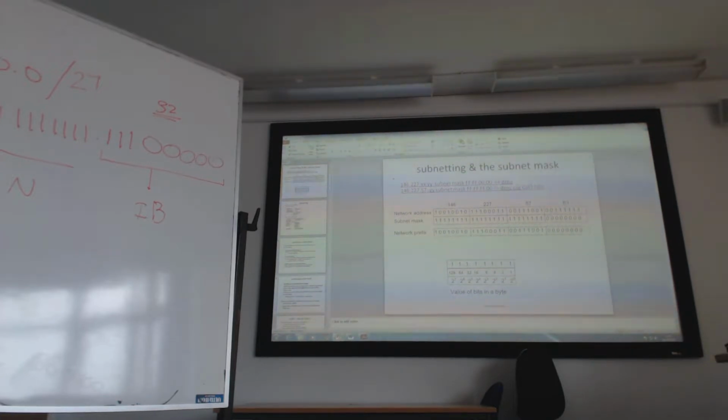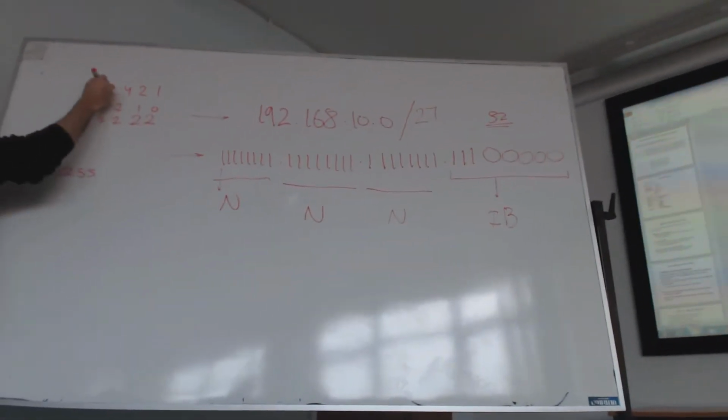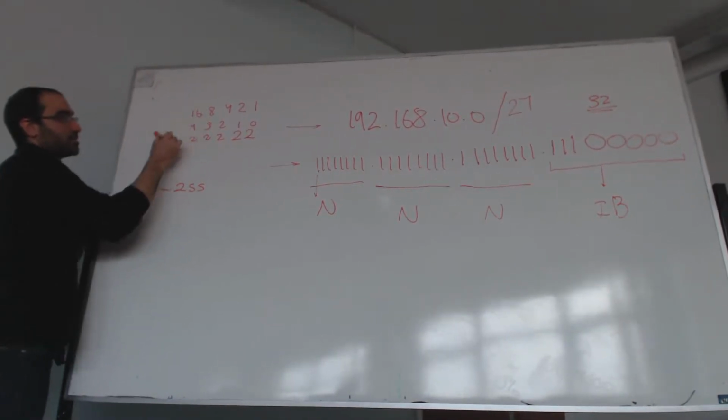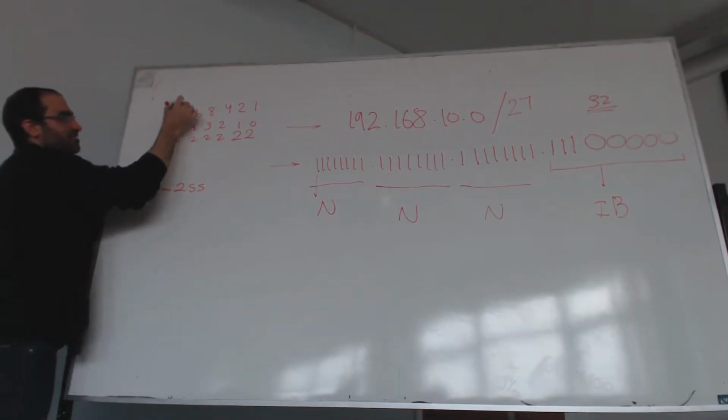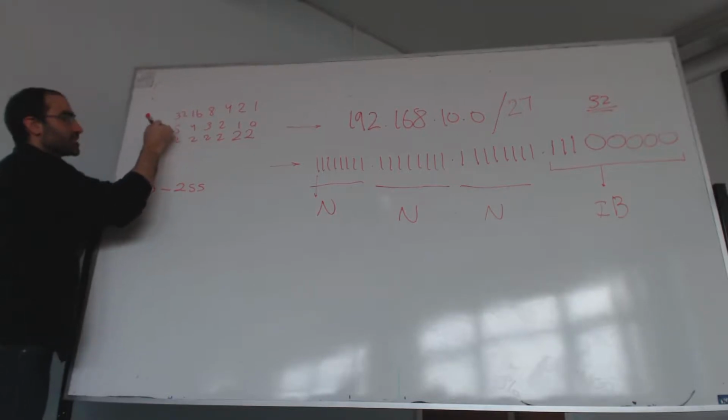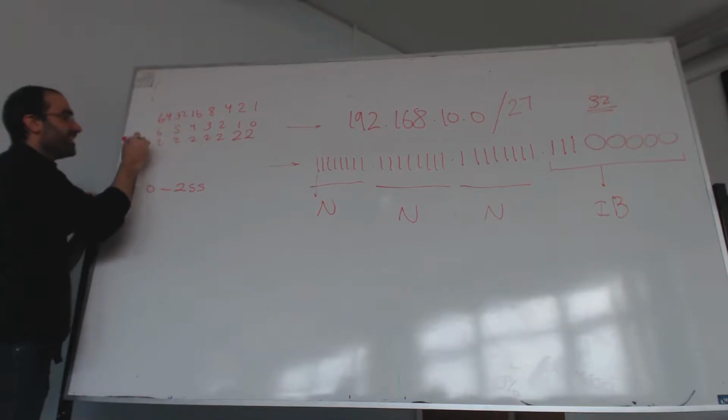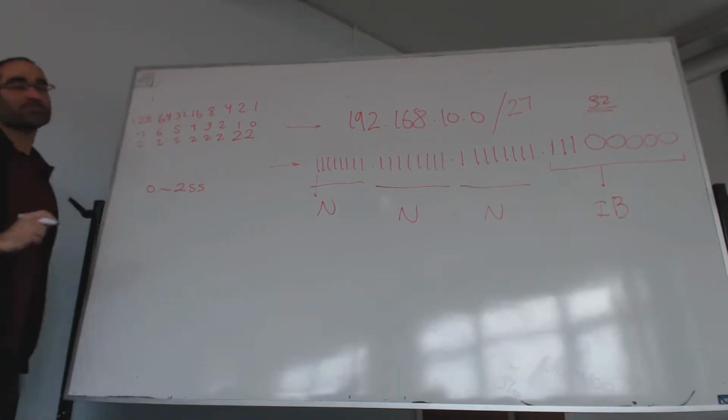We have 8 bits, and each one is 2 to the power of the bit position. 2 to the power of 0 is 1, 2 to the power of 1 is 2, and so on up to 128.